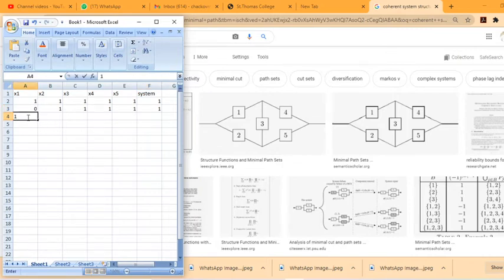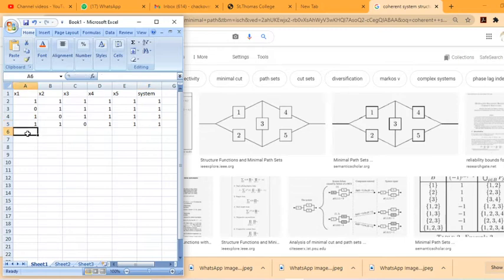Alternatively, let us consider component 1 functioning, component 2 failed, and the remaining components functioning. Then also the system is functioning. Now the third situation: first component functioning, second functioning, third is 0, fourth and fifth functioning. Then also the system is functioning. The signal can transmit from the source to destination.